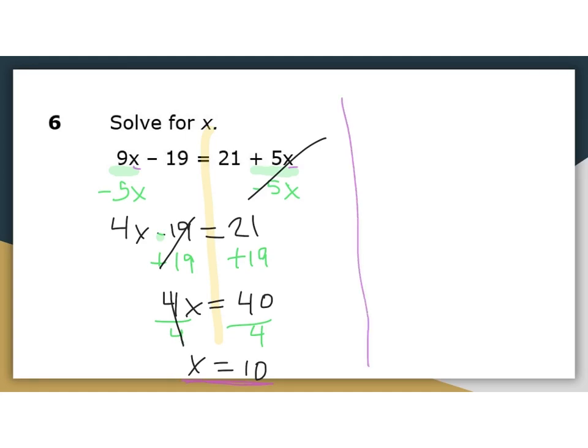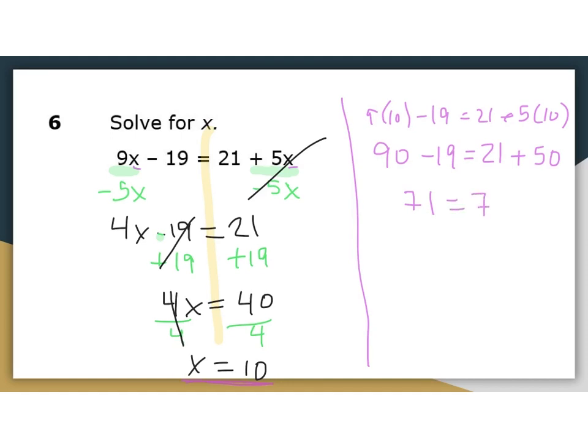So if I'm checking, instead of 9 times x, it's going to be 9 times 10 minus 19 equals 21 plus 5 times 10. 9 times 10 gives us 90. 90 minus 19 should equal 21 plus 5 times 10 would be 50. 19 taken from 90 is going to be 71, which equals 21 plus 50 is also 71.